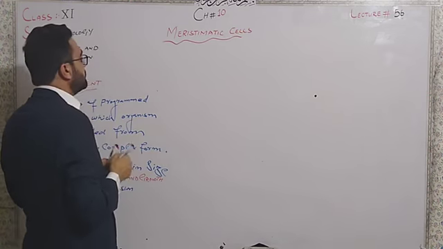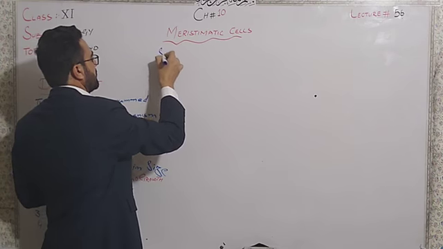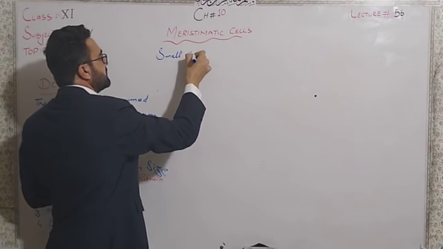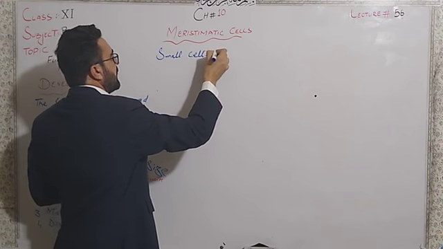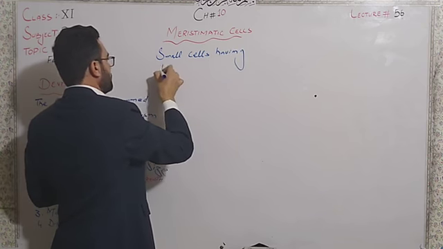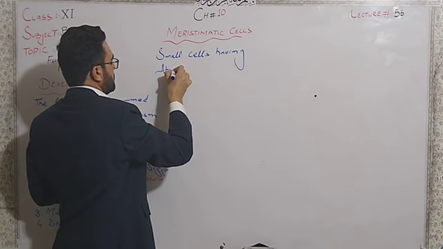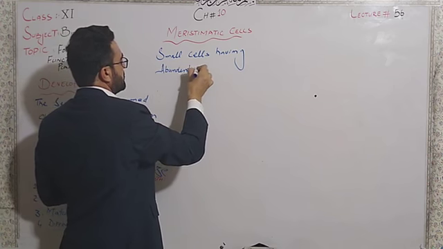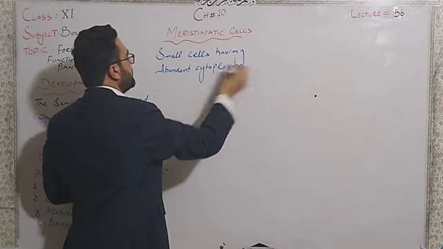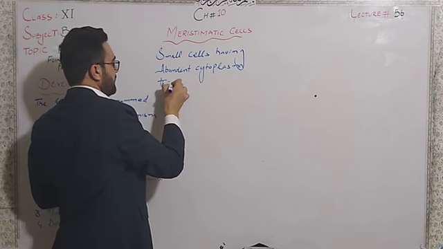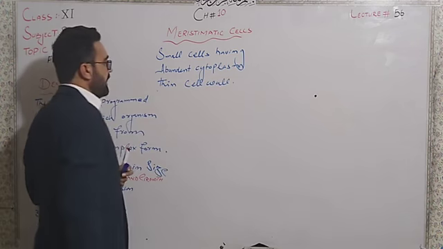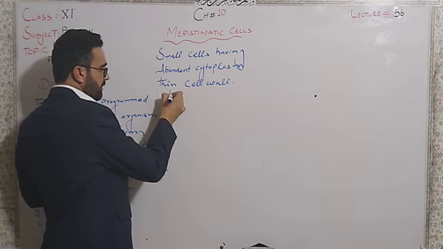These are small cells having abundant cytoplasm. They have a very thin cell wall, just a primary wall.